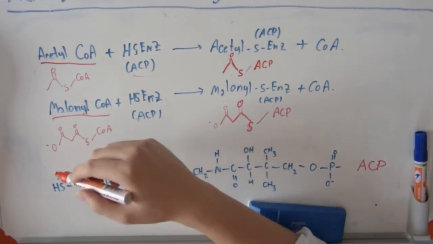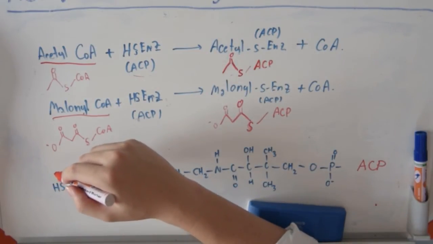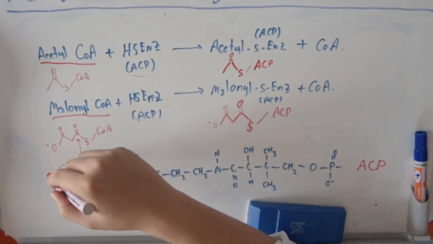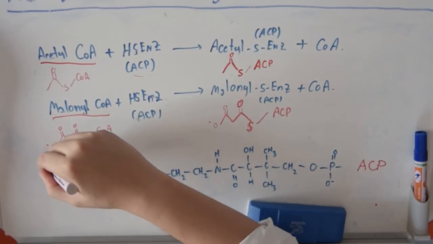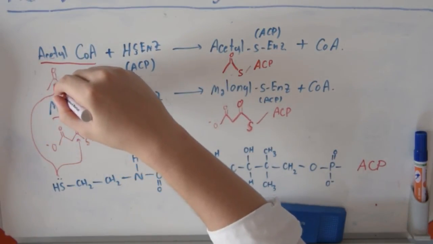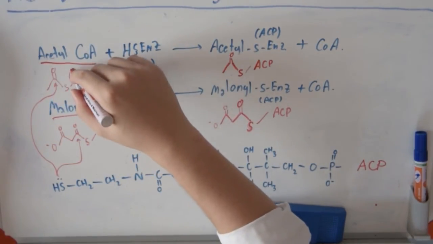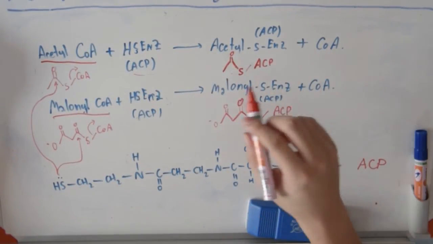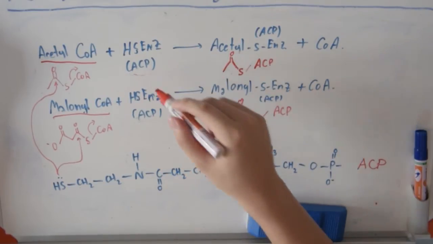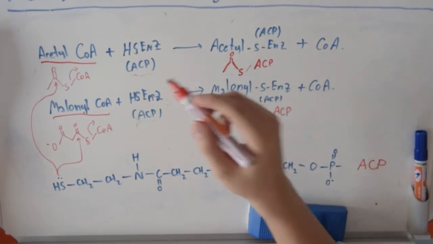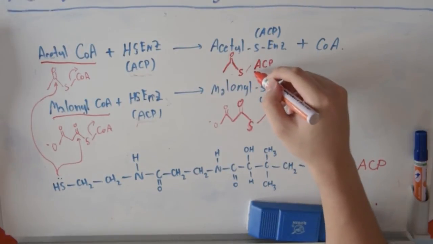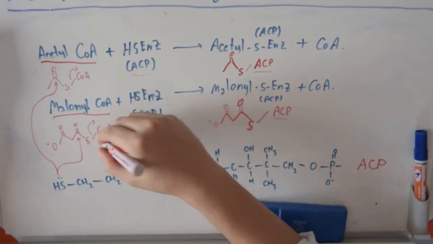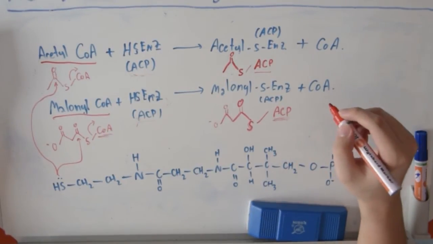So again, the lone pair of the sulfur will shift to this carbon, and also shifts to the acetate carbon here, leaving behind the coenzyme A, and the ACP comes to replace the coenzyme A, which will give this structure. So the coenzyme A is replaced by ACP.